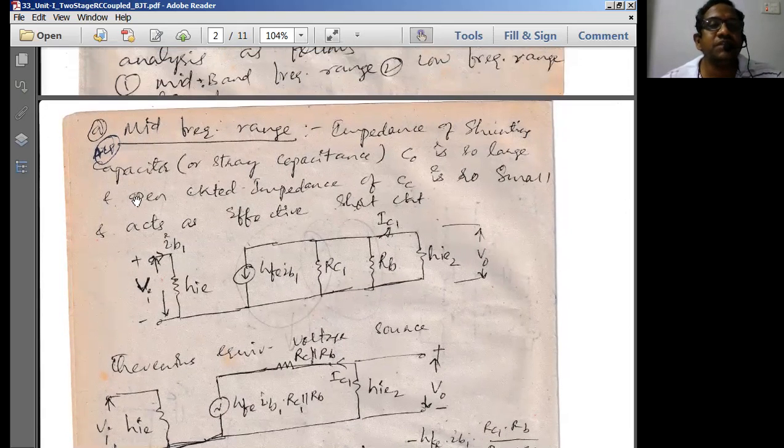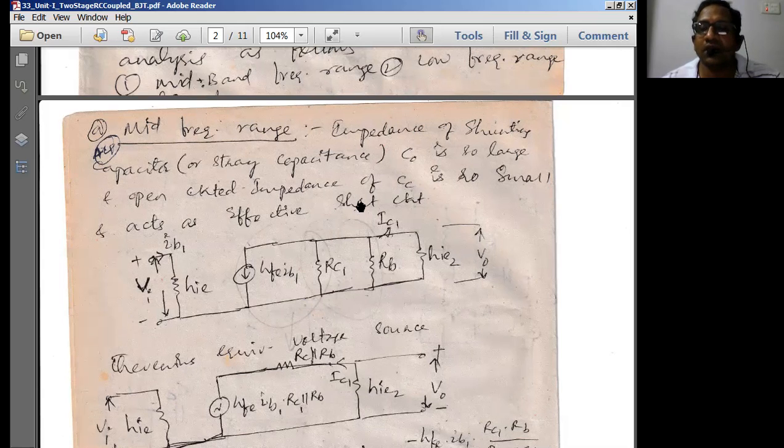The impedance of the shunting capacitor, that is the stray capacitance C0, is so large that it is simply open circuited. The C0 impedance is considered a very large value, and hence it is neglected. That means at very high frequencies, the effect of C0 is going to be predominant. The impedance of C naught is going to be infinity at low frequencies.